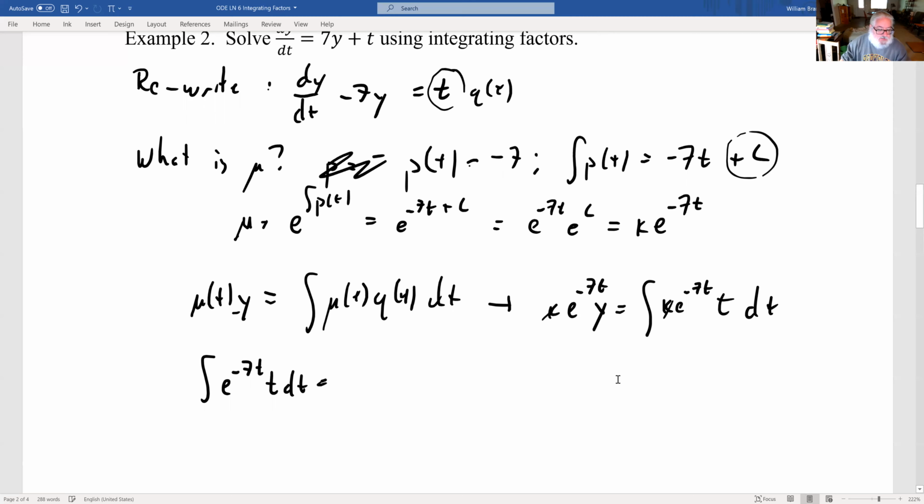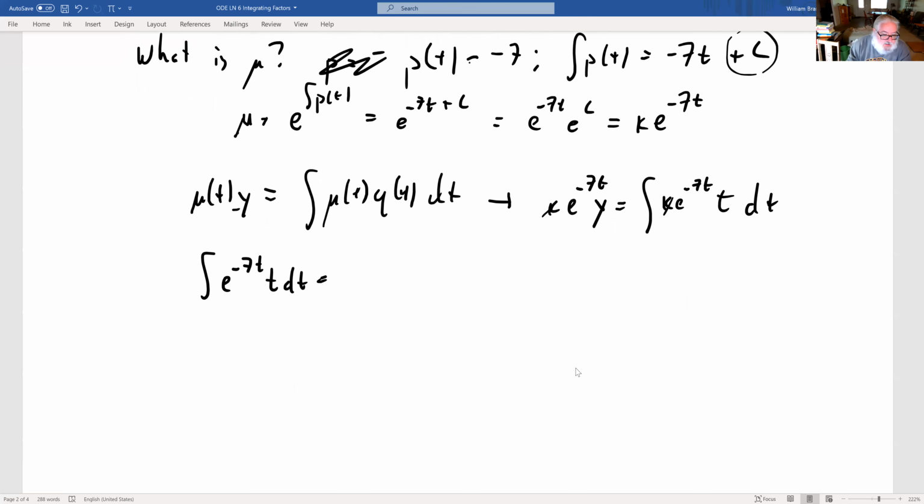And we do this by parts. We'll take u equal to t, du is dt, dv equals e to the -7t dt, v equals -1/7 e to the -7t.